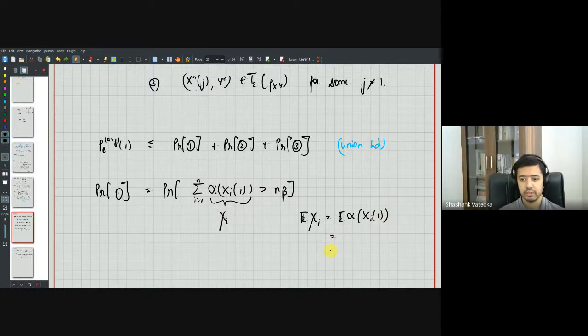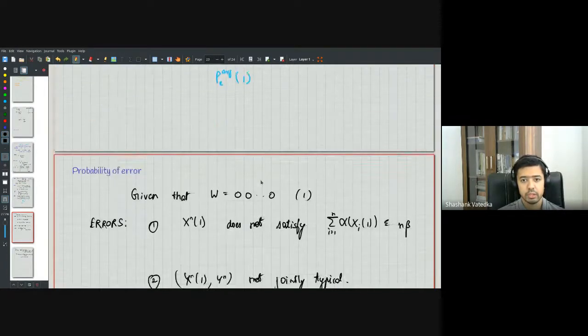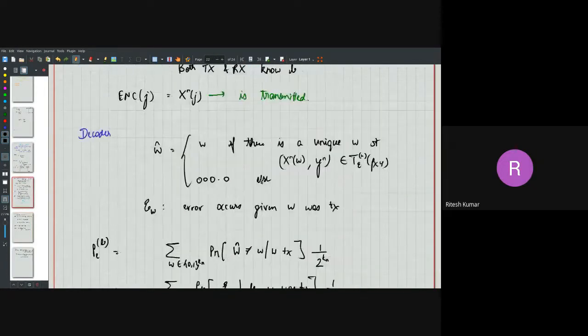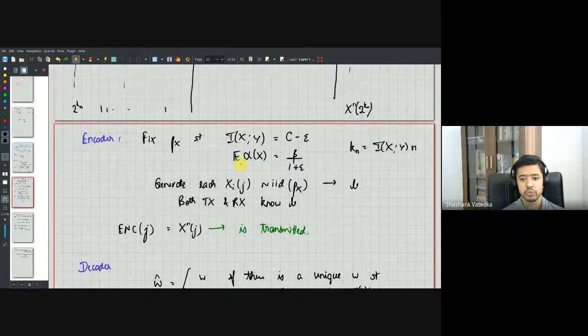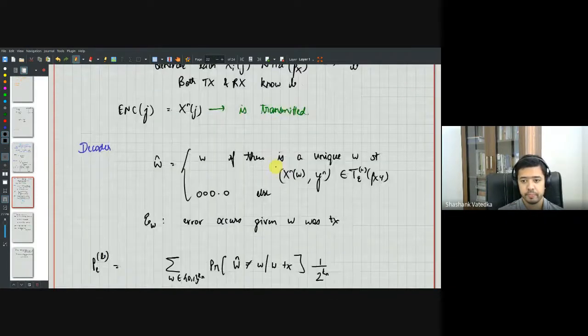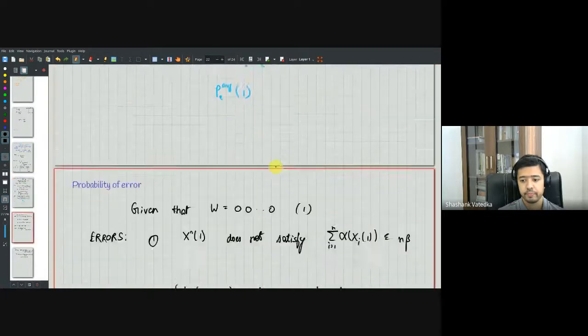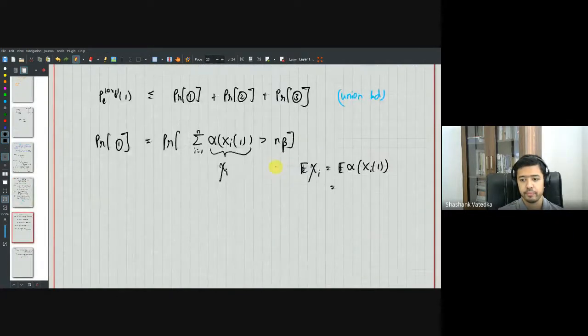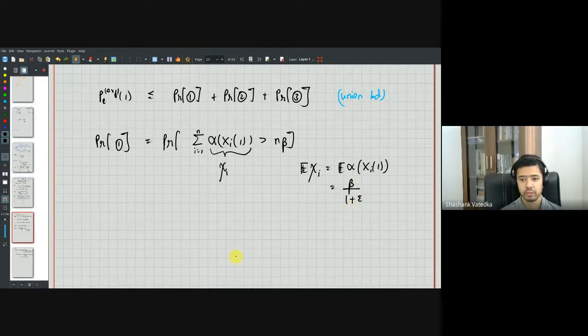By design, we've chosen a PX such that the expectation of alpha of x is beta over 1 plus epsilon. So this is beta over 1 plus epsilon.